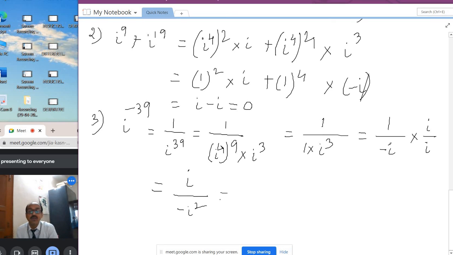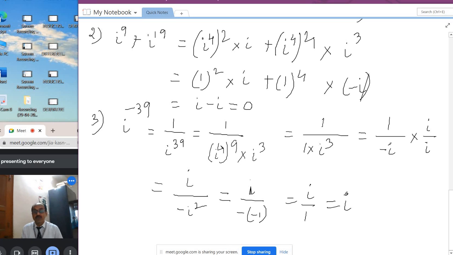Now this is equal to i divided by minus i square. i square is minus 1, so minus into minus 1 is plus 1, so it equals i.